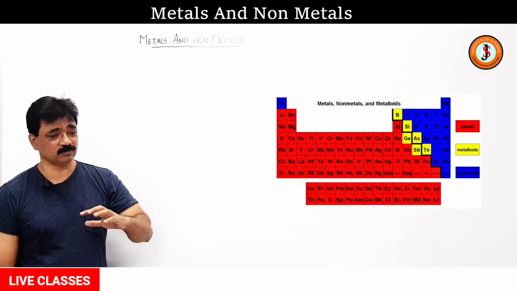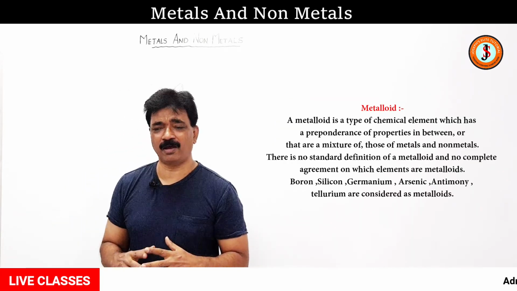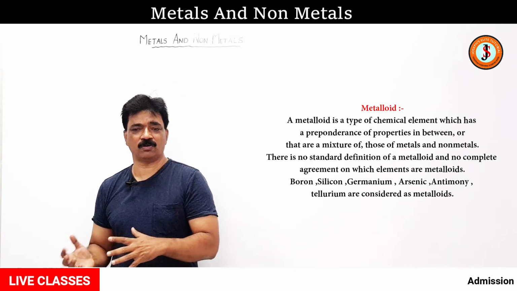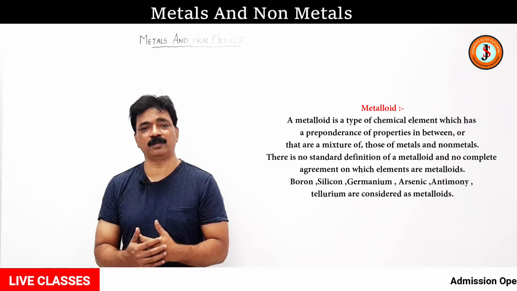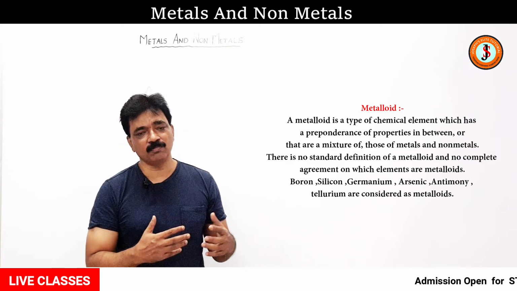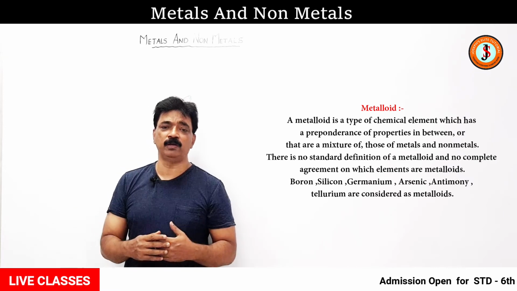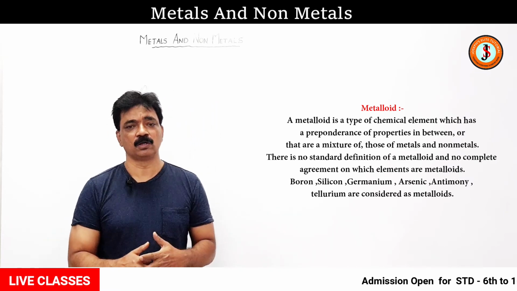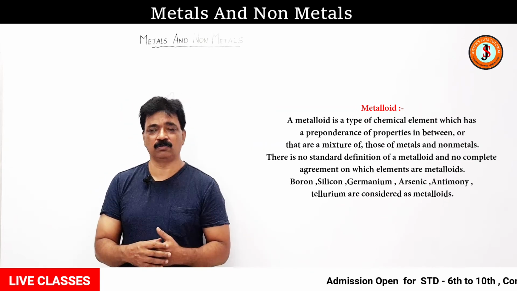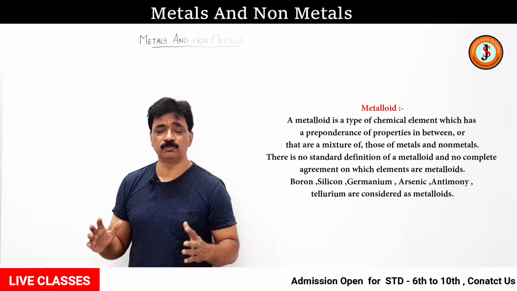Now you will see what metalloids are. Actually there is no fixed, agreed definition of metalloid, and chemists or scientists have a little bit of agreement and disagreement about it. But anyway, metalloids are those elements which have intermediate properties between metals and non-metals. So you see germanium, arsenic, tellurium, antimony, all these are considered to be metalloids.